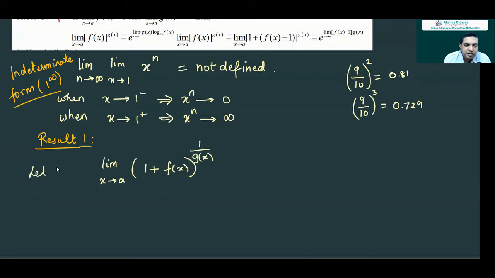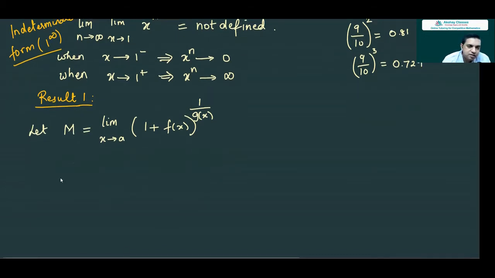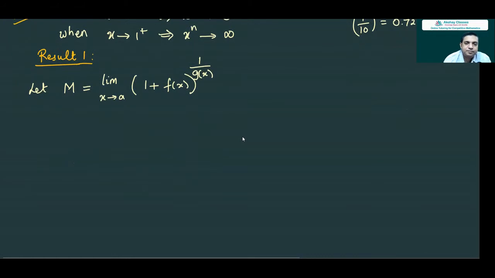Now let us call this limit some value, say m. Let m be a number which is equal to this limit. Now let us take natural logarithm on both sides. ln m will be, now limit is just x approaching a value, so you can take the logarithm inside.